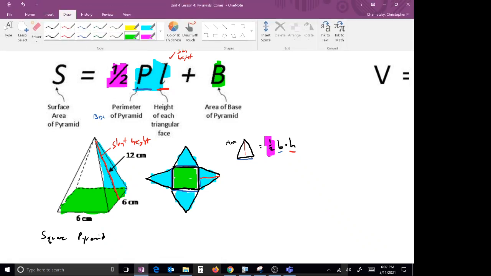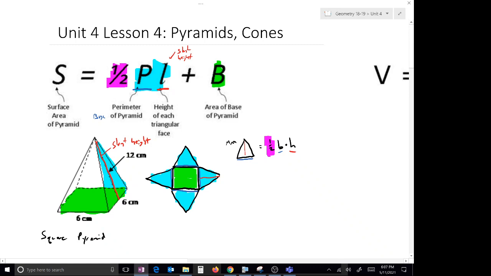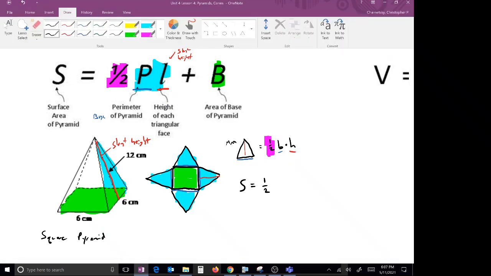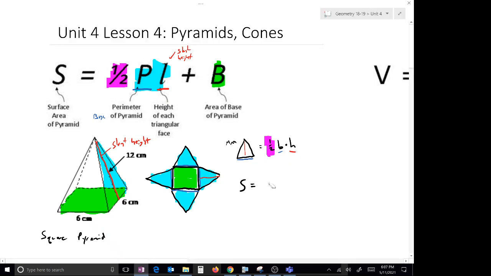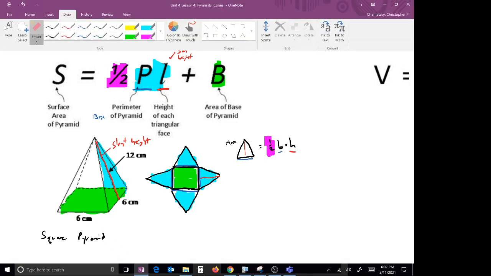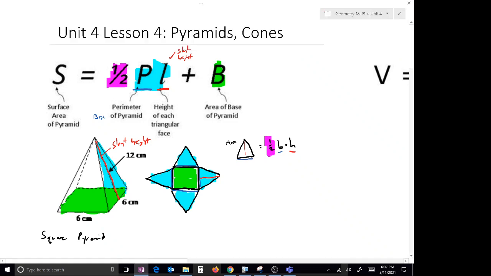Let's actually go ahead and calculate the surface area of our pyramid. Before we get into that, let's find the parts we need. The area of the base is just a square, 6 by 6, so that's 6 times 6, or 6 squared, which equals 36.